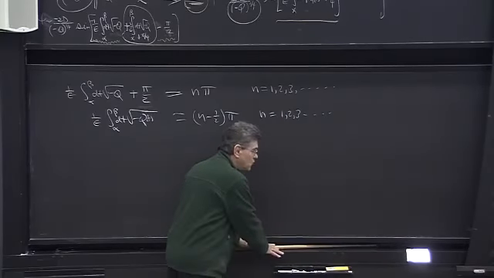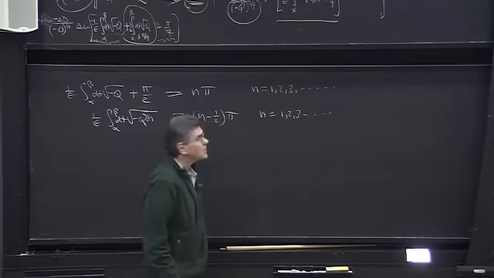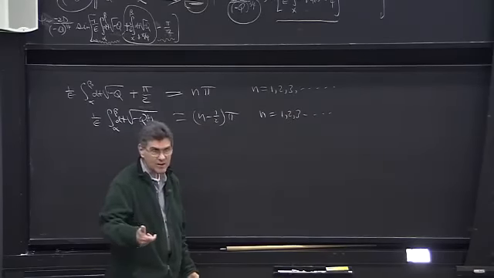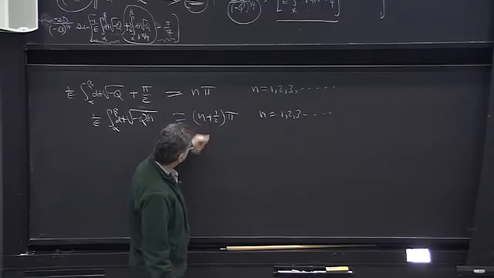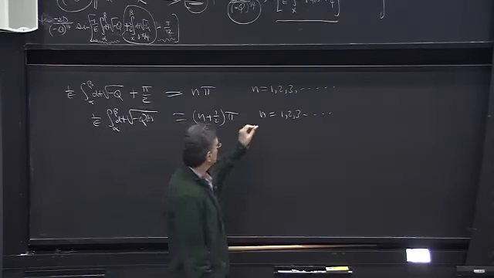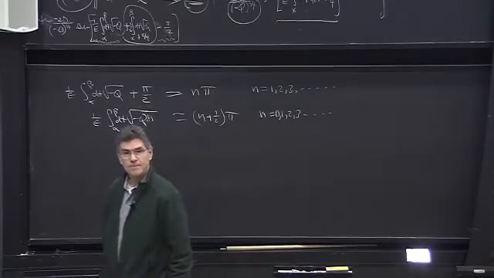Or the way you usually see it in books is not n equals 1, 2, 3, but they do a shift of n, and they say, let's make this into n plus a half pi, but now let n go from 0, 1, 2, 3, like that. Okay?